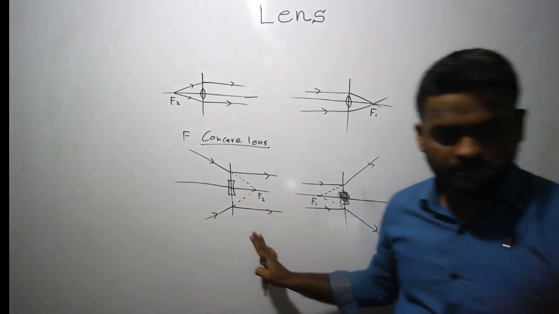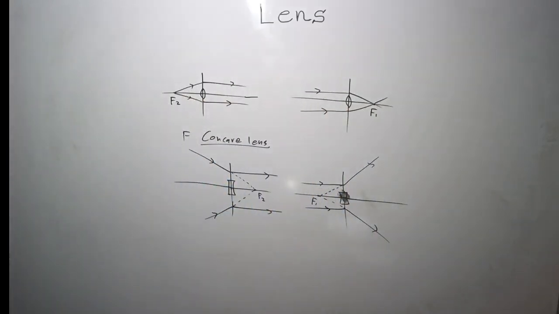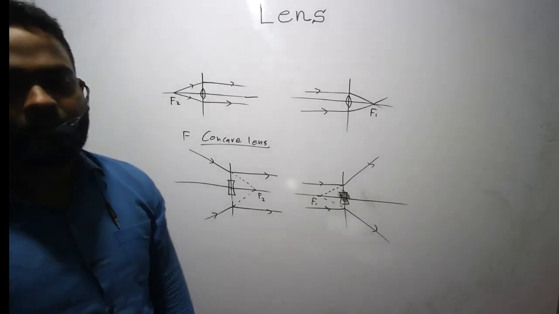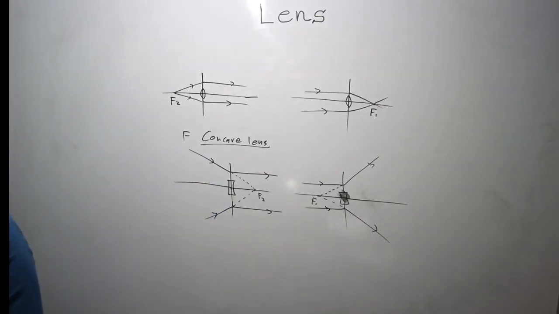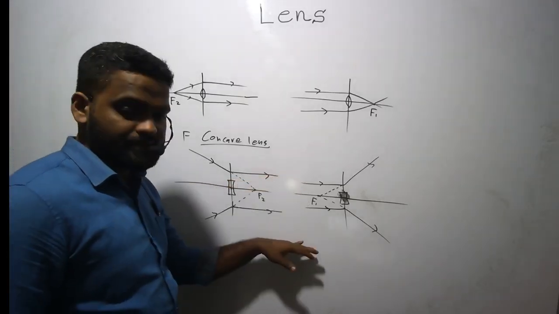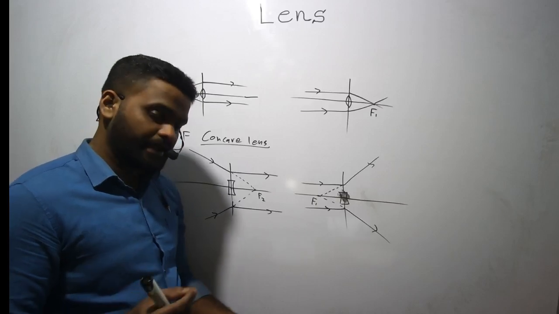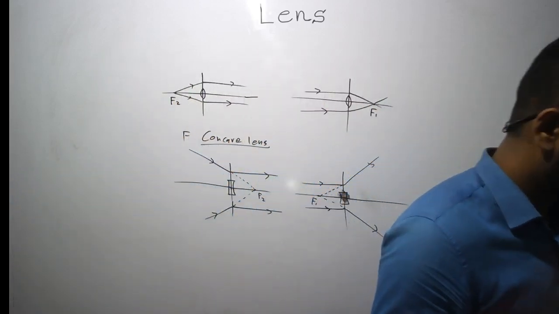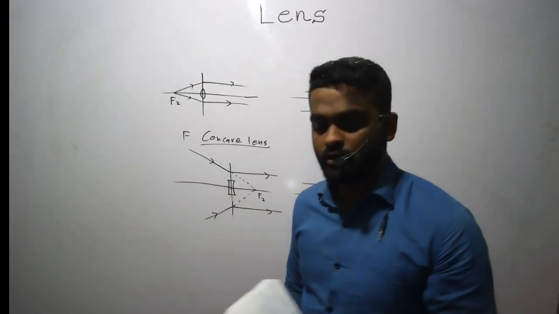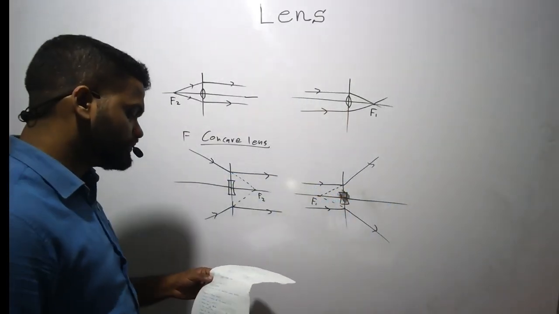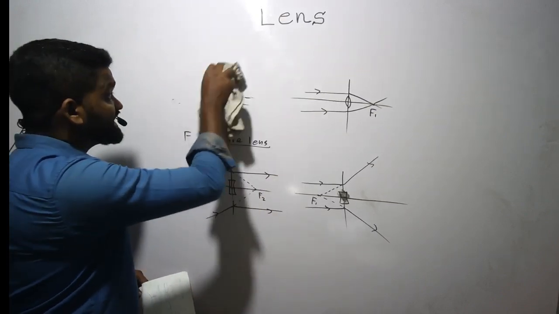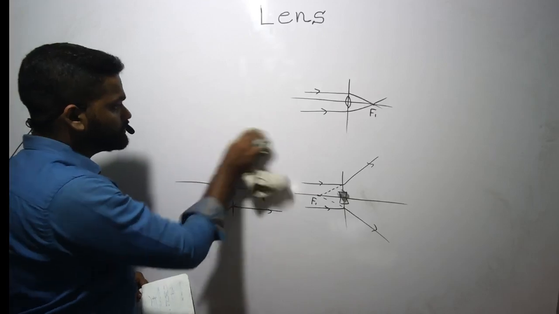Done. If you're done drawing that, let me know. Below this, write down: rays actually do not go through the focus of a concave lens.